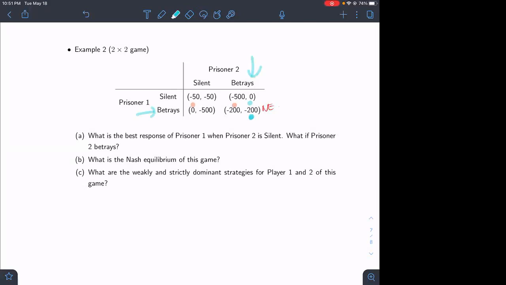If I focus on these four circles here, I always get higher utility if I go down. So betraying is both the strictly and weakly dominant strategy.